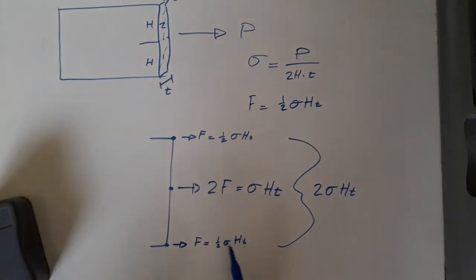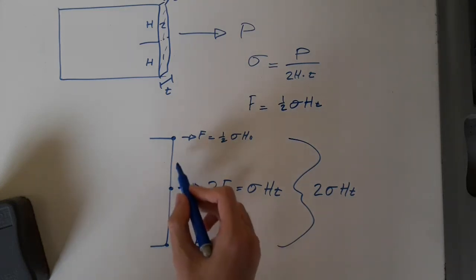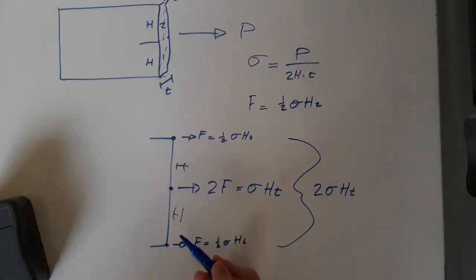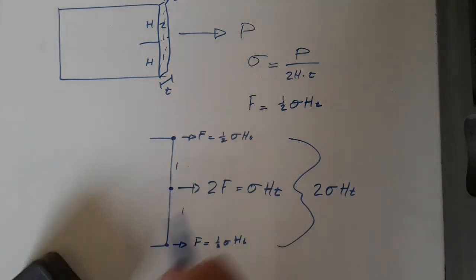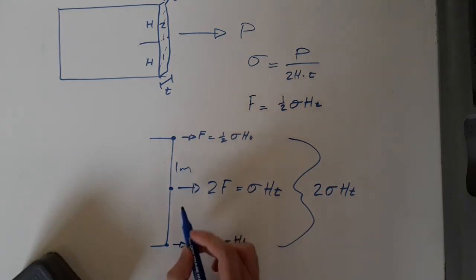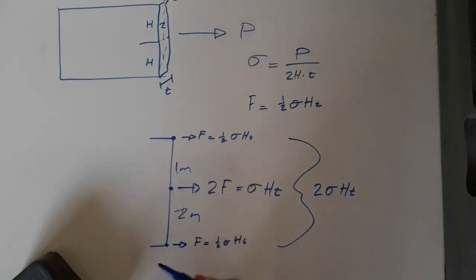Obviously, this is a very nice scenario because you have the exact same h values here. But if these were two different heights, for example, let's say this was 1 meter while this was 2 meters, they wouldn't be the exact same elements. So you would have to analyze each element individually and find the forces in those two specific elements.